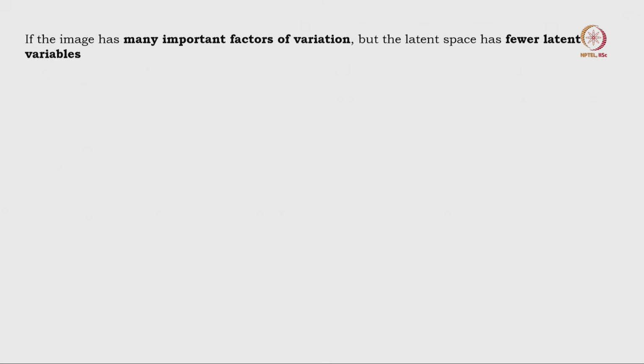Now I have one particular problem here. Suppose you have an image where you have a small number of important variations, and the latent dimension is almost similar to that.